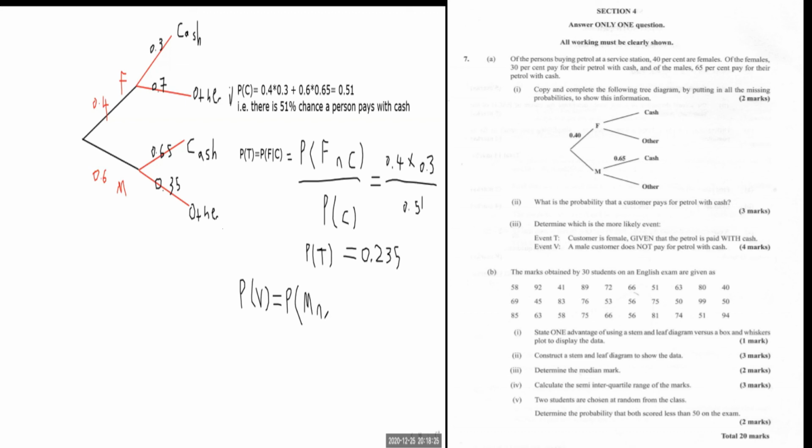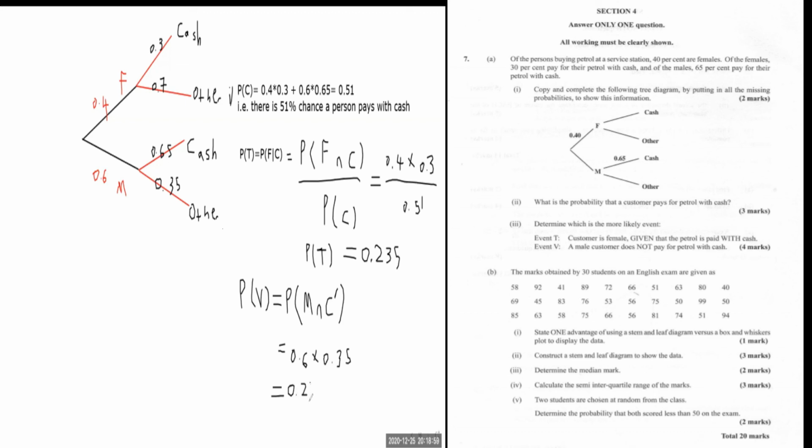We said cash is C, so the probability of M intersect C' is 0.6 times 0.35. What is 0.6 times 0.35? That is 0.21.